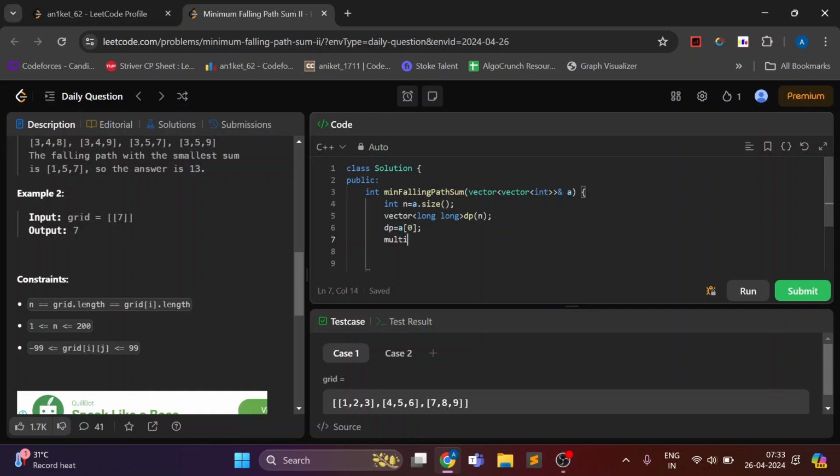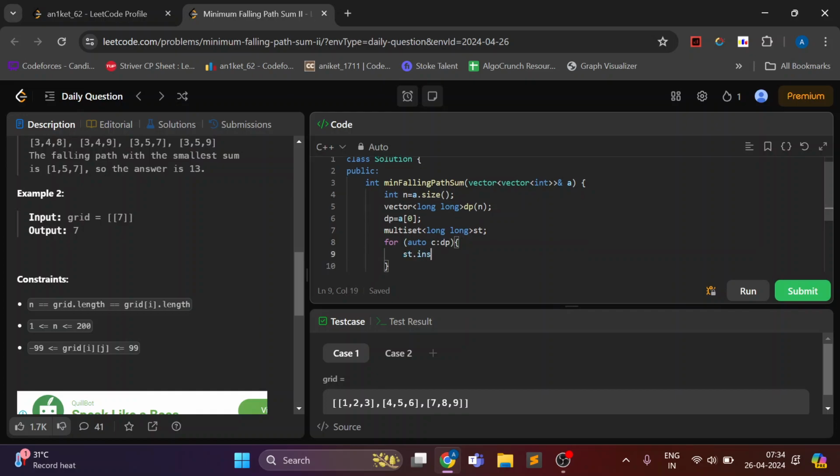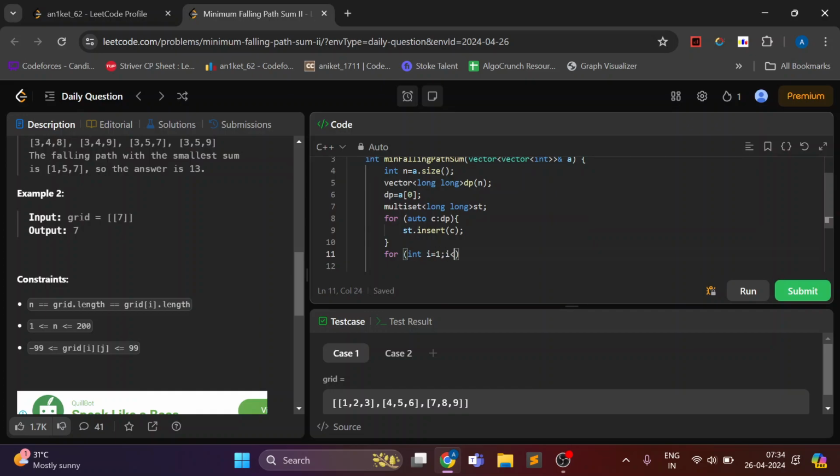I'll just write the n square log n solution with a multiset. I'm iterating in each row, and I'm also iterating in each column.